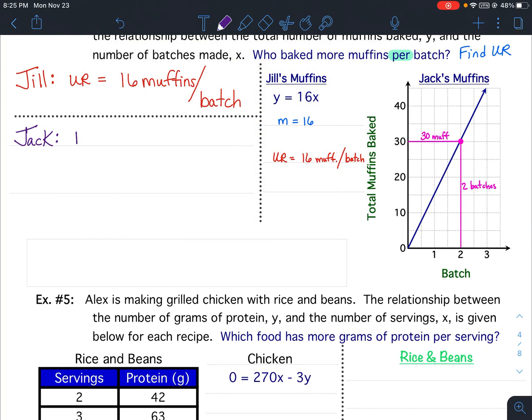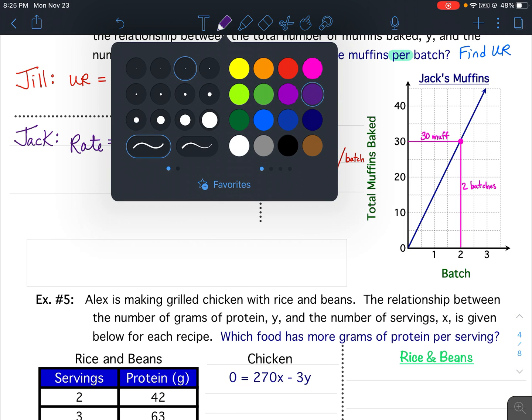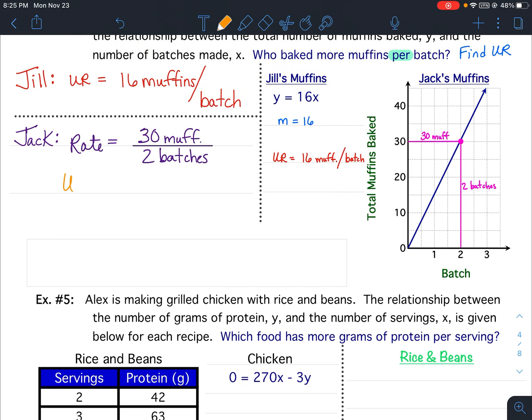So Jack's rate is 30 muffins in 2 batches. Divide that out to find the unit rate. 30 divided by 2 is 15. So Jack bakes 15 muffins per batch.